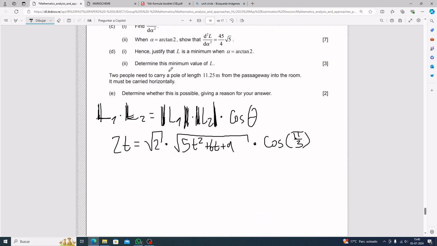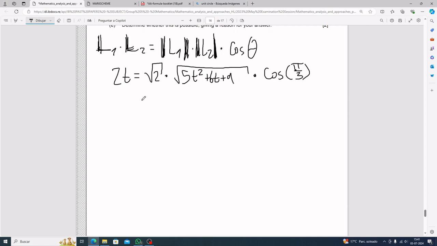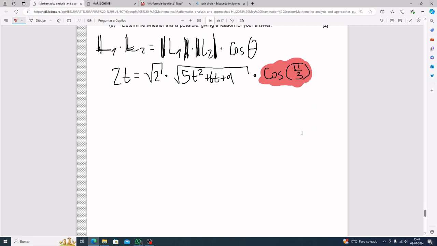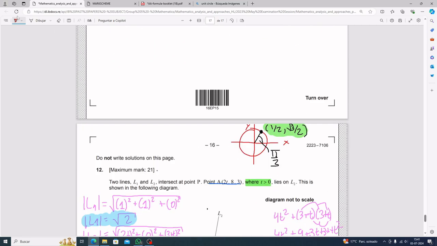Now we're almost ready to just plug and chug and see what happens. What's annoying us the most right now is cosine of pi divided by 3. To get around it, you need to be familiar with the unit circle. This is why I presented the unit circle earlier. Because you are an HL student, this is one of the few things you do have to memorize or find a way to remember.